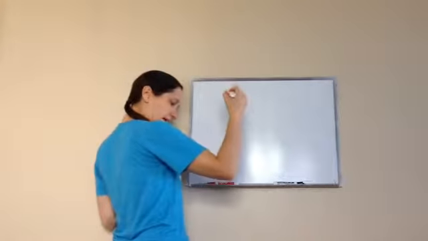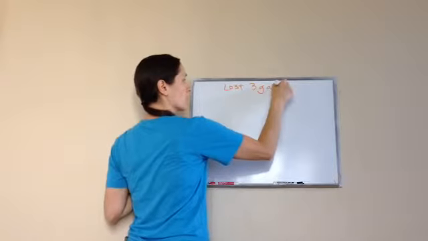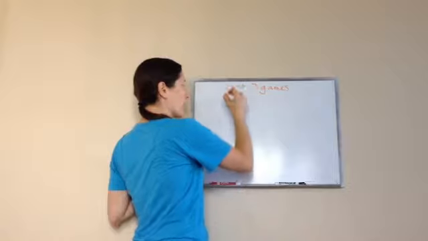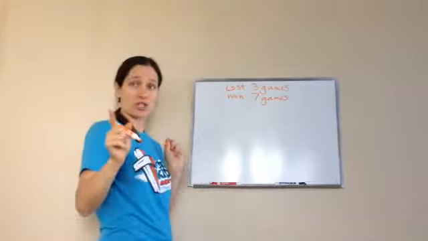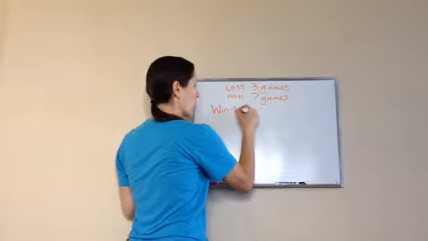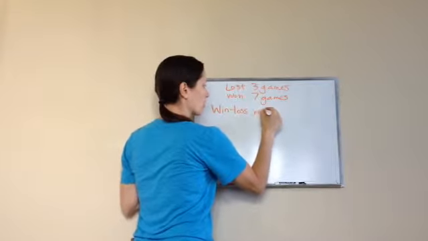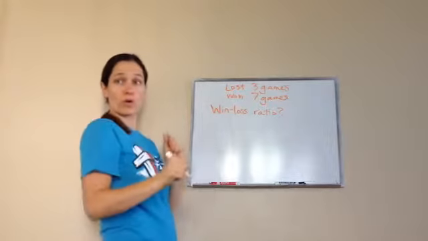It says the team lost 3 games and won 7 games. Now here's the question. What is the team's win-loss ratio? That's the question. So, what do we want to put first?